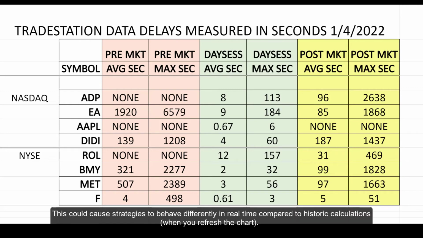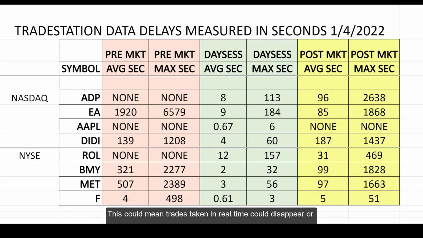This could cause strategies to behave differently in real time compared to historic calculations when you refresh the chart. This could mean trades taken in real time could disappear, or trades not taken in real time could suddenly appear when the chart is refreshed.